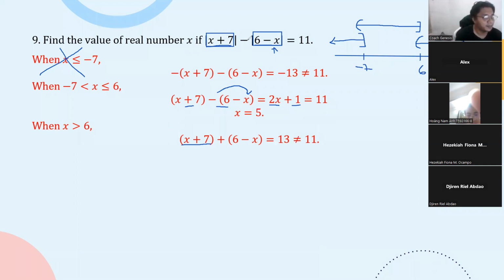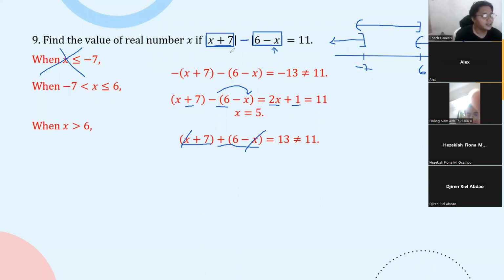However, since we have subtraction here, if you subtract a negative value, then of course that becomes positive. So you have x plus 7 plus 6 minus x. Okay, so we get rid of x minus x, and then you will have 13.